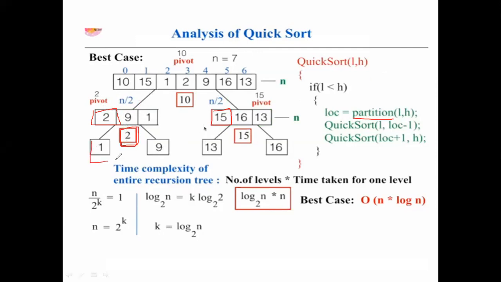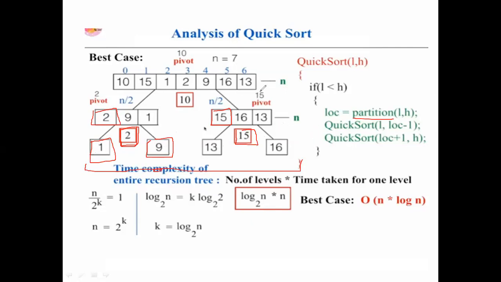Then the left part is the one and the right part is the 9. In the same manner, the actual position for 15 is here, and we split it into two parts. Here also n elements. Then these are the leaf nodes, so there are no n elements there.